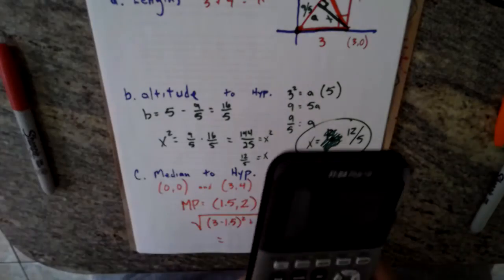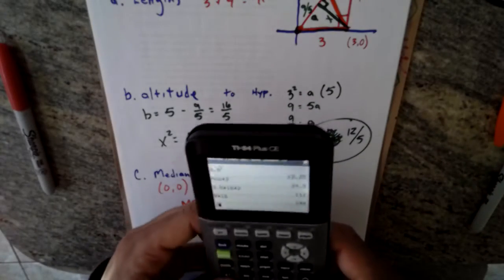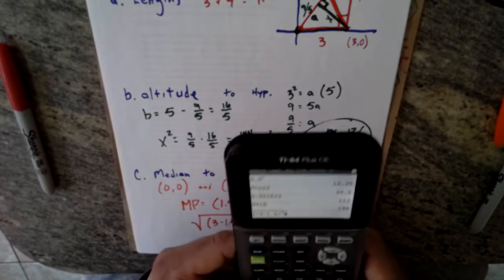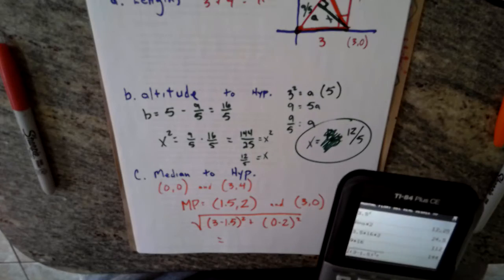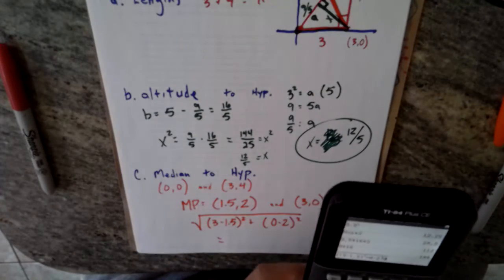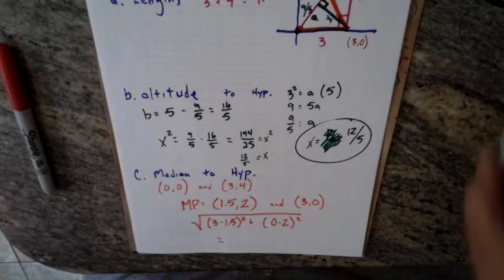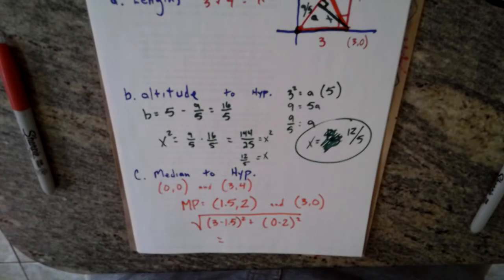Just type all that in. Square root, parentheses, 3 minus 1.5 squared plus 0 minus 2 squared, and you get 0.25. What? I guess that's right. 1/4.